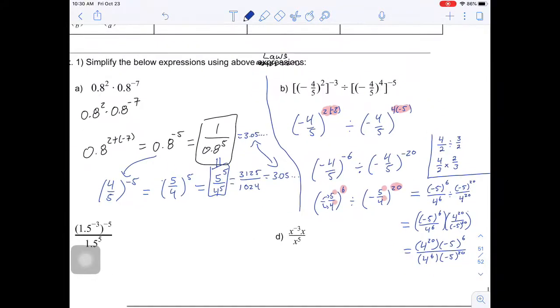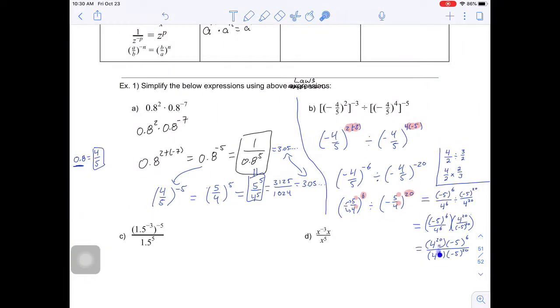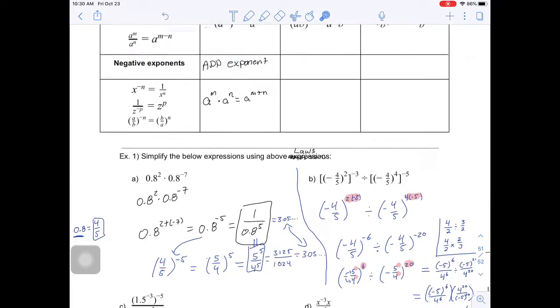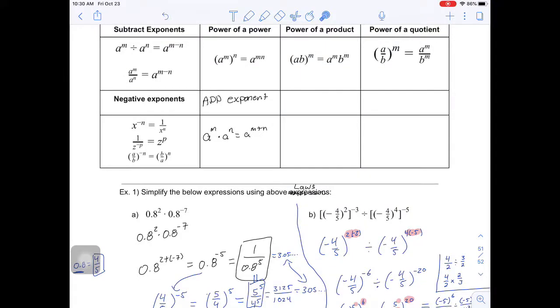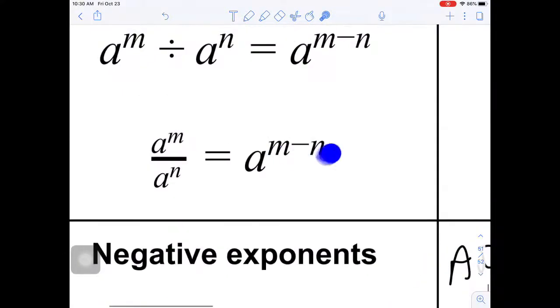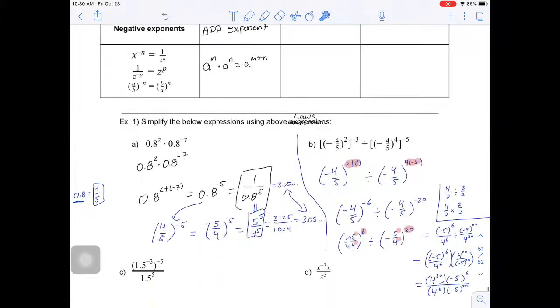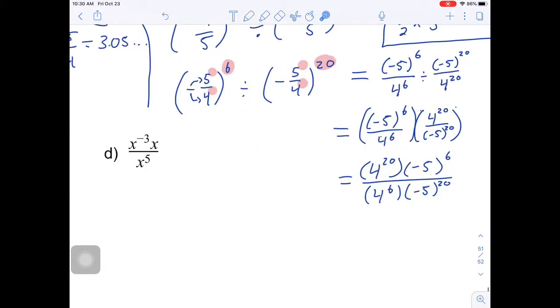And now recognize we have one more exponent law that I can do. I'm dividing similar bases, so in this case 4 and 4 and negative 5 and negative 5. What do you do when you divide similar bases? You subtract their exponents. So focusing on my 4 and 4, it's 20 minus 6. So this will become 4 to the power of 20 minus 6.